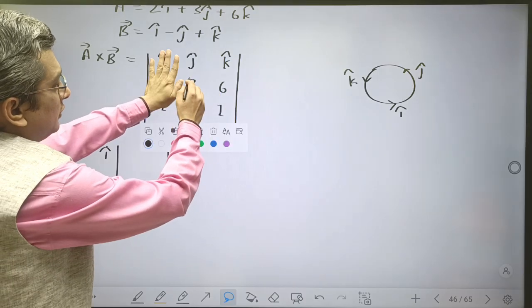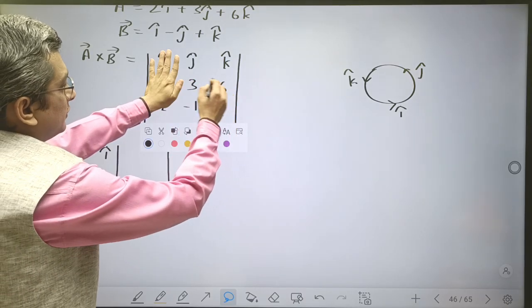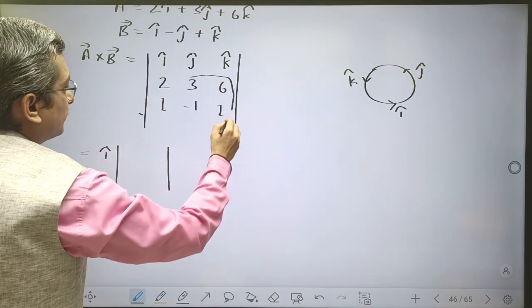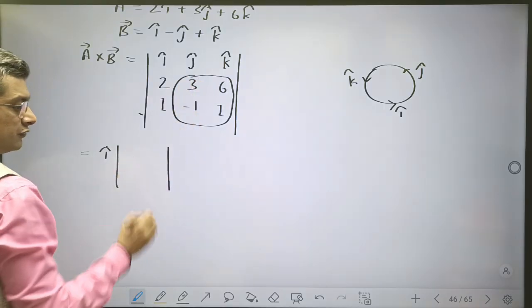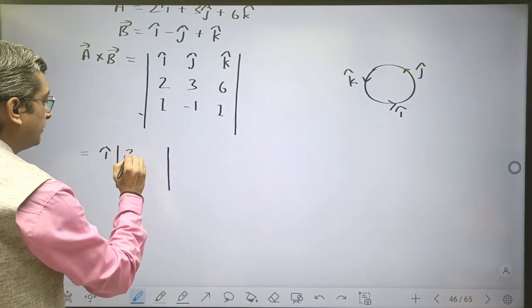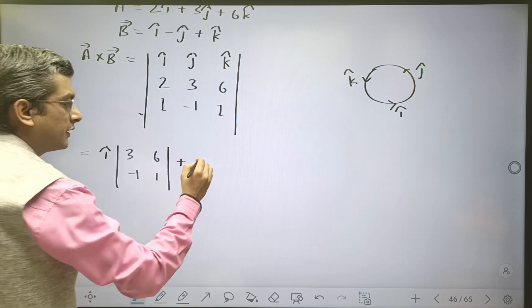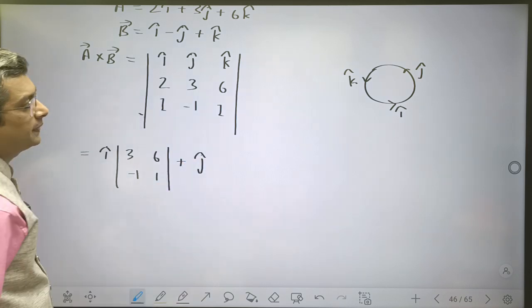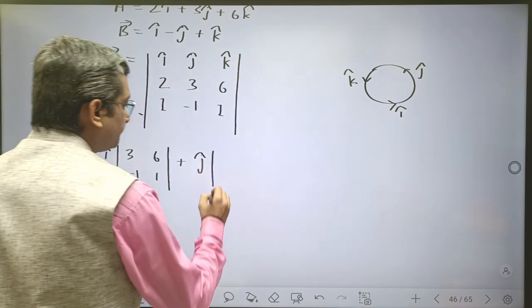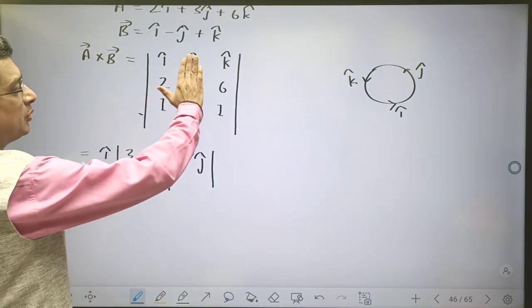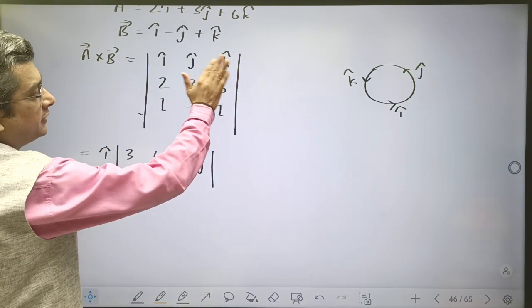So just write these values 3, 6, -1 and 1. So observe these values: 3, 6, -1 and 1, plus right here J cap, isn't it? Now hide the elements corresponding to J cap. Now after J, K comes.